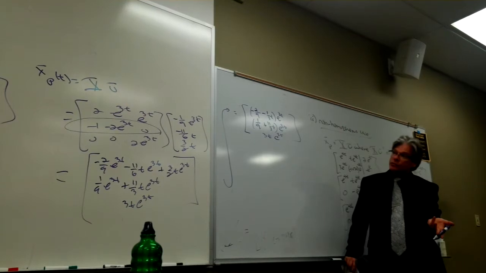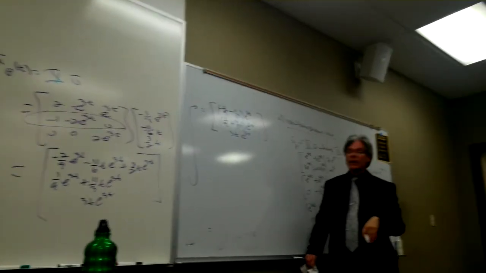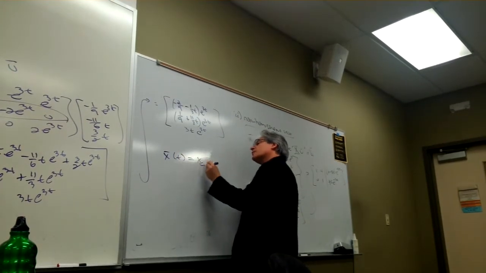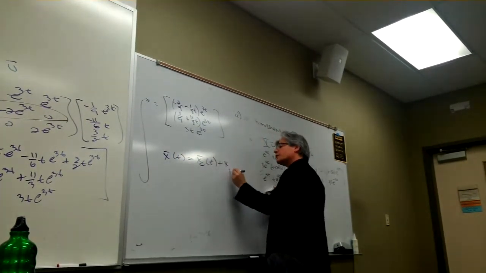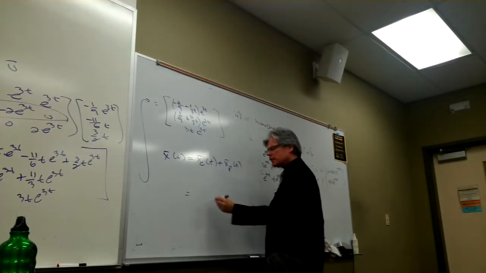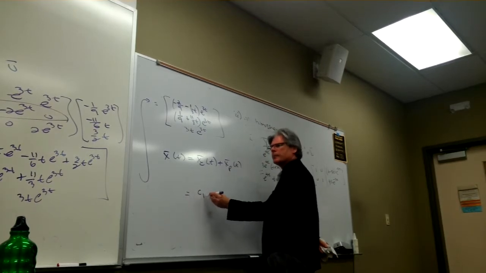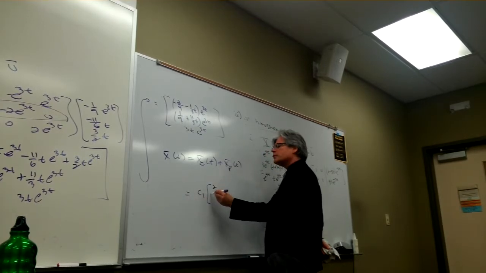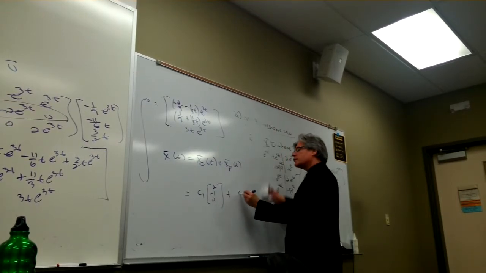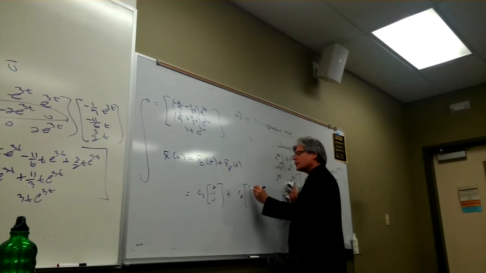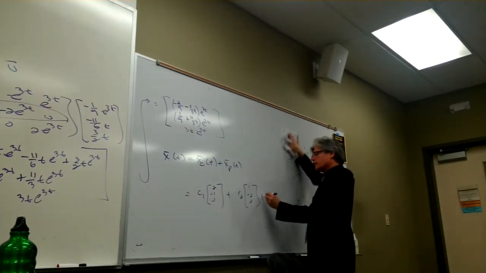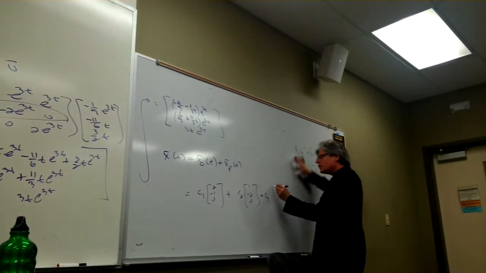Since that's my particular solution, I get to put everything together. So I think the general solution of the VDE is going to be the sum of my complementary solution with this one single particular solution. And I think in the end it's going to give me the following. That's going to give my C1 2, negative 1, 0, plus my C2 1, negative 2, 0, plus my C3 1, 0, 2.